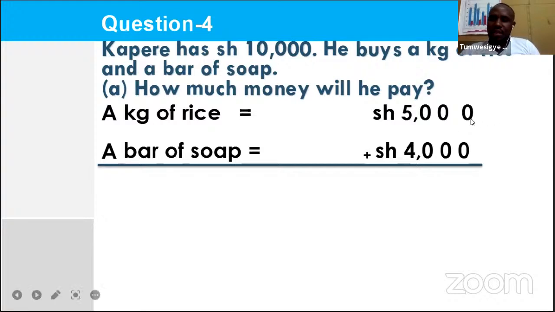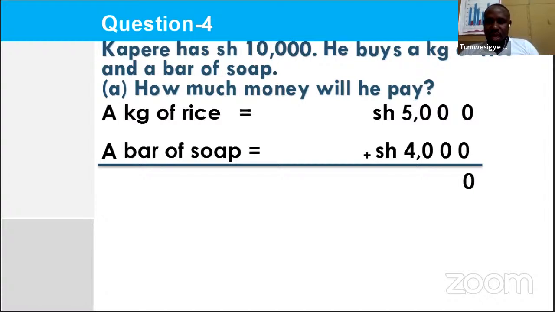We have a 0 plus another 0. 0 plus 0, the answer is 0.